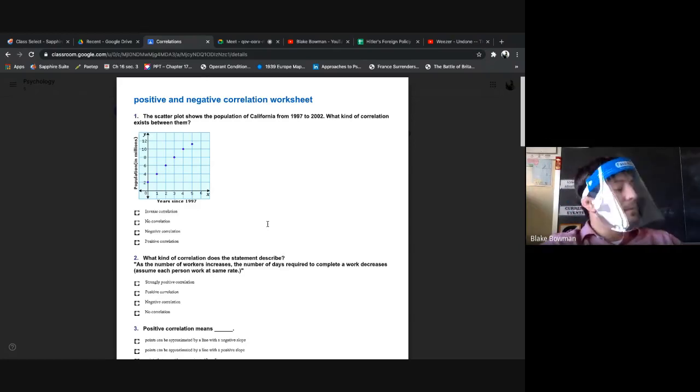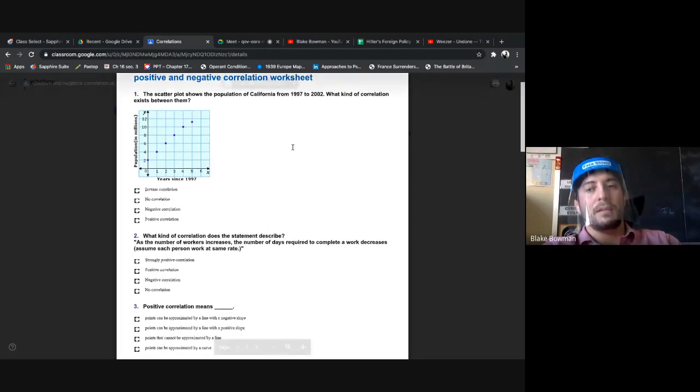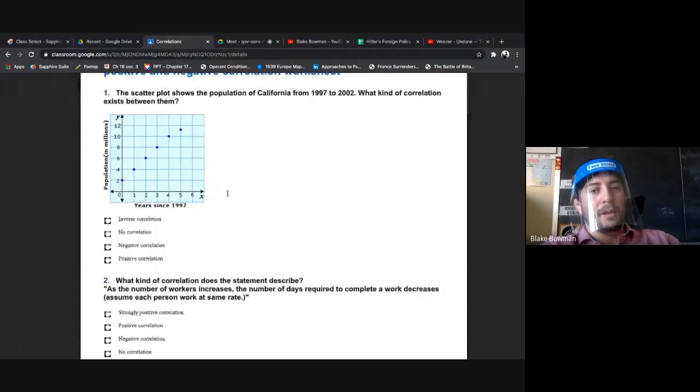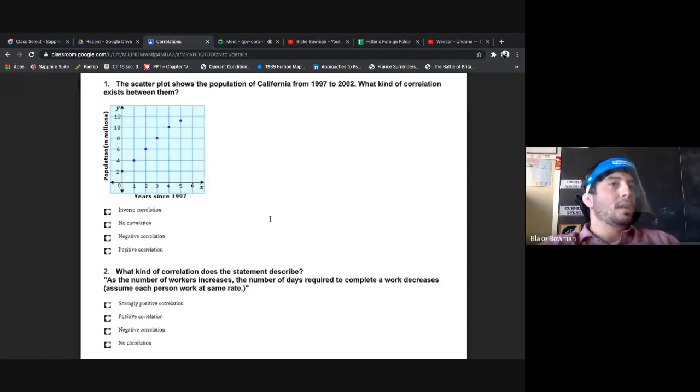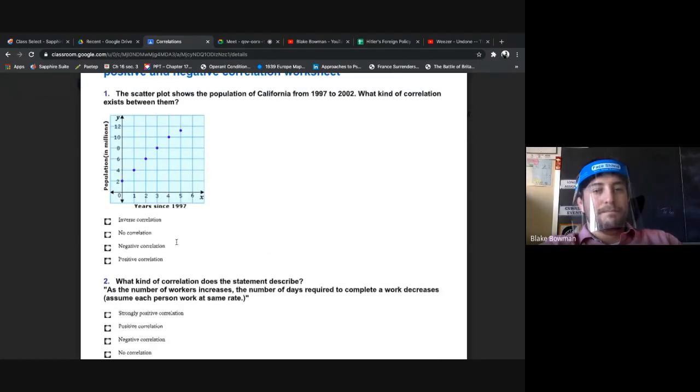All right, let's go over the activity from yesterday real quick with the correlational charts. Number one, the scatter plot shows the population of California from 1997 to 2002. What kind of correlation exists between them? We'll go around the room. Sarah, what do you got?